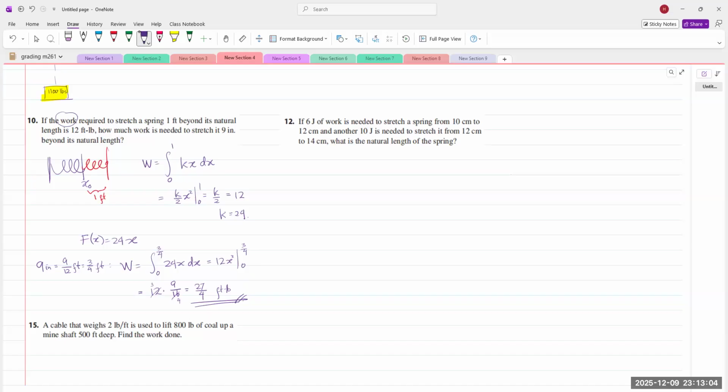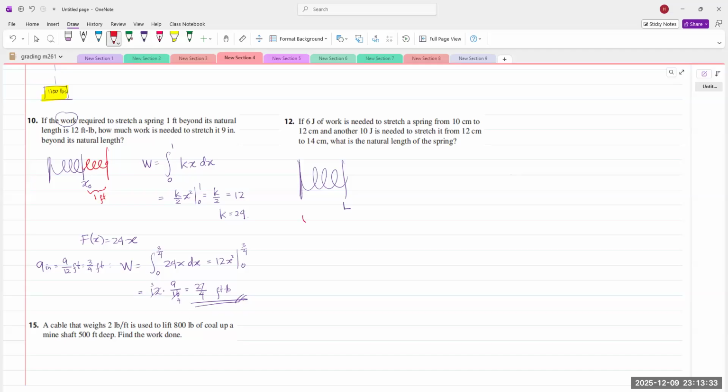Number 12, if 6 joules of work is needed to stretch a spring from 10 centimeters to 12 centimeters, oh, this one is hard. So let's say we have that spring. We don't know what the natural length is. Let's call the natural length L. Okay, and then we need to stretch that from 10 centimeters to 12 centimeters.